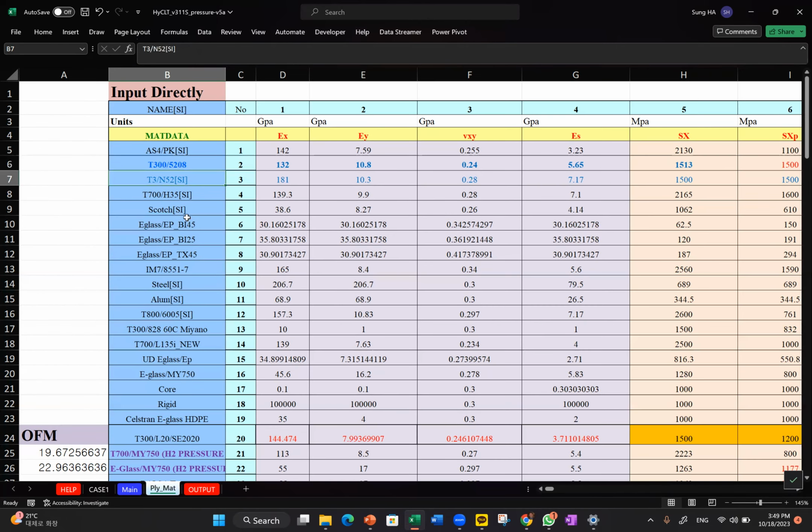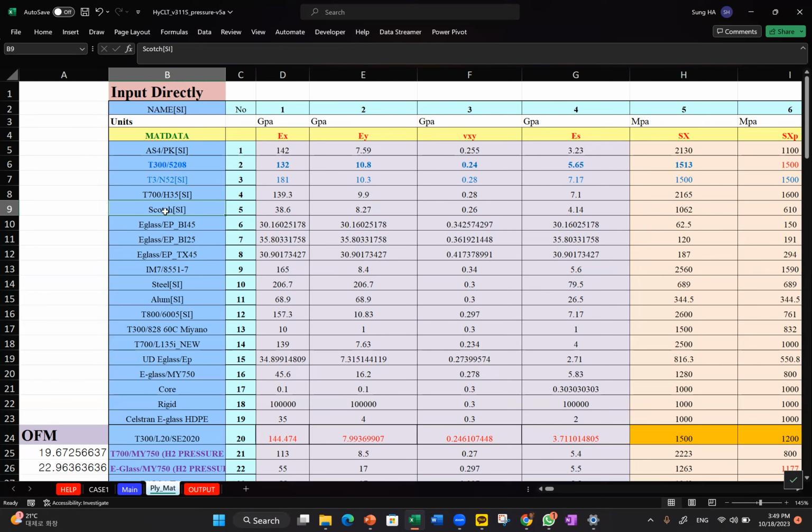So now it's kind of clear, but there is something like the Scotch. Scotch represents the very typical glass fiber. Scotch is a brand name, but it became just a material name since it was so popular.